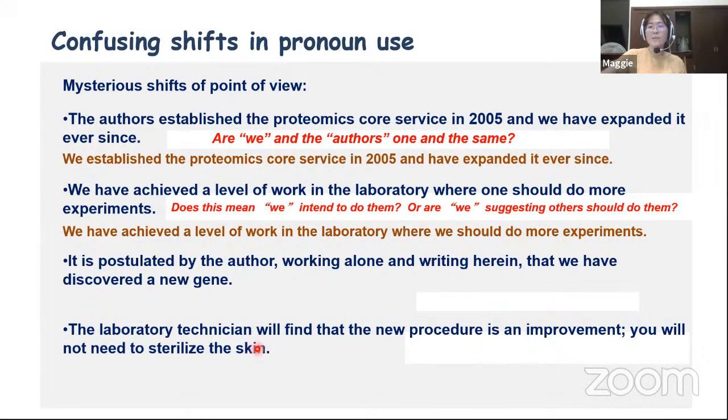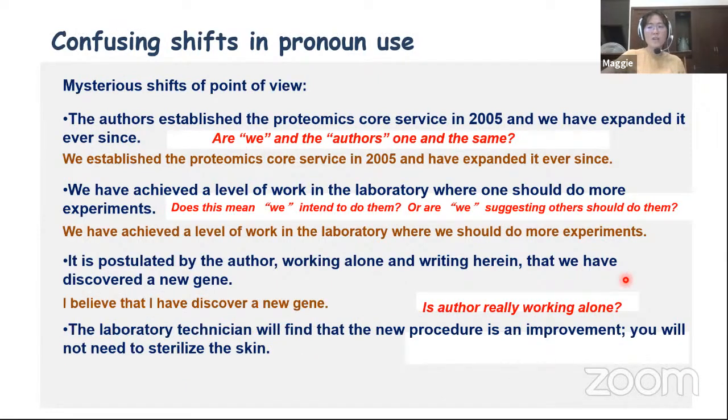The next one: it is postulated by the author working alone and writing herein that we have discovered a new gene. So the author working alone and we have discovered a new gene. That's confusing, right? Is the author really working alone? So change it: I believe that I have discovered a new gene.